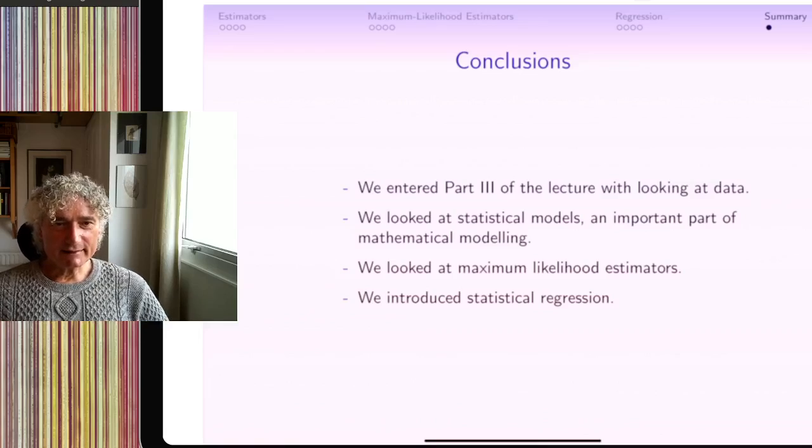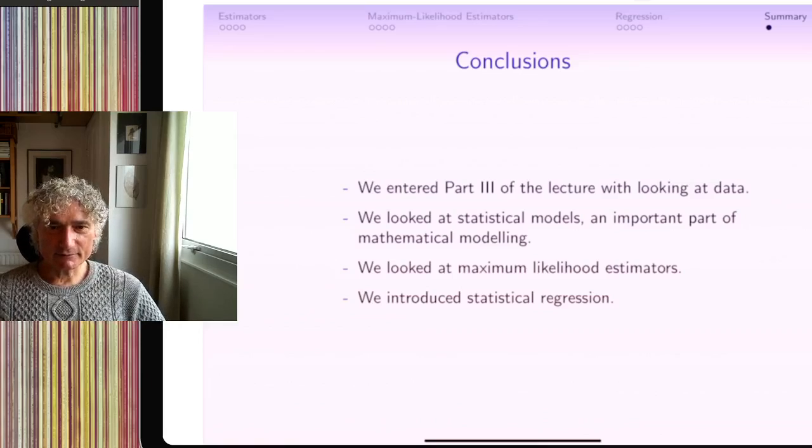So we have now entered statistics. So we have now officially opened part 3 of the lecture, the final part. And we had a discussion of data. We introduced now statistical models.